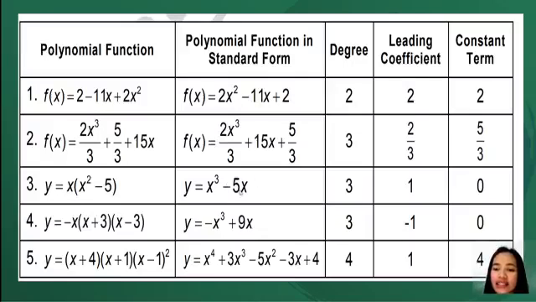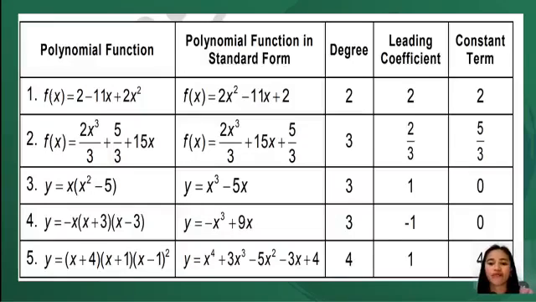Since the degree is 3, wherein we have it in the term negative x cubed, the leading term is negative x cubed. What is the leading coefficient, the numerical coefficient of the leading term negative x cubed? That is negative 1. Do we have a term without any variable? None. Therefore, our constant term is 0.